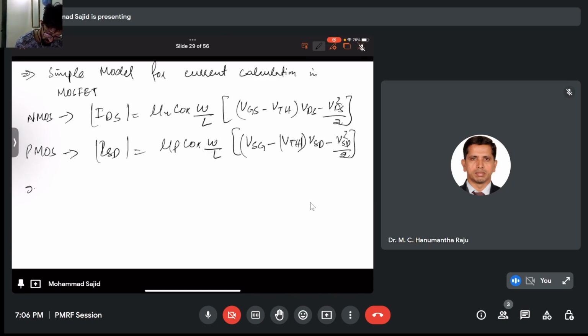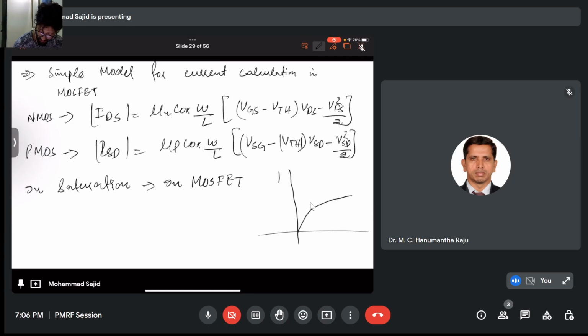In saturation, however, what is the saturation condition in MOSFETs? If I draw ID-VD, let me just draw a single curve. We say that this is the value of VD after which saturation occurs.